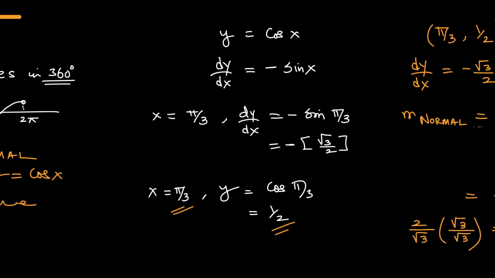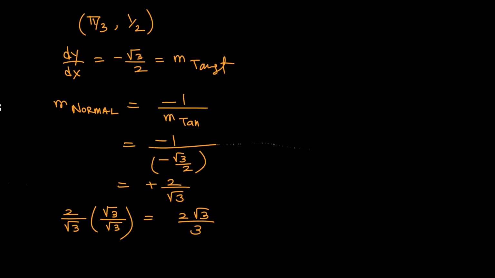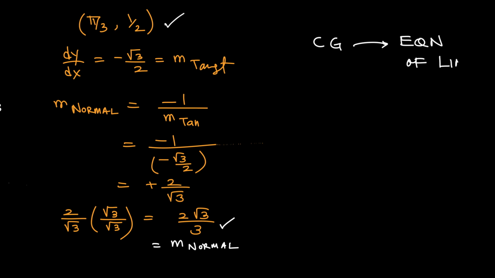So what do we have? We have the point, we have the gradient of normal, which is 2 root 3 over 3, and last but not the least, using coordinate geometry to find the equation of the line. In this case, the line is the normal.